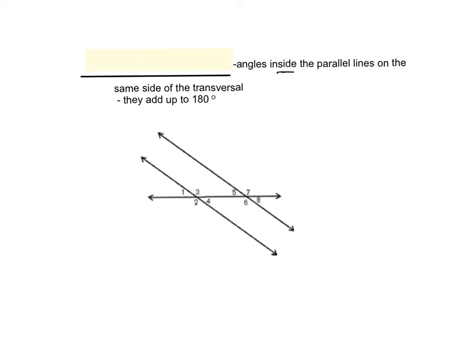Okay, angles inside the parallel lines on the same side of the transversal. Inside means they're interior. So it's same side interior. Okay, so let's start coloring. So same side, so we'll do above my transversal.